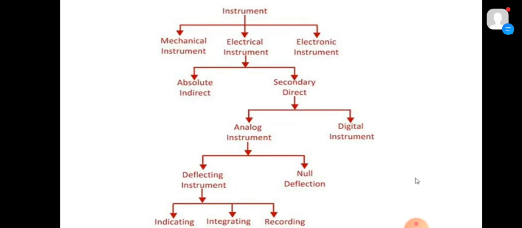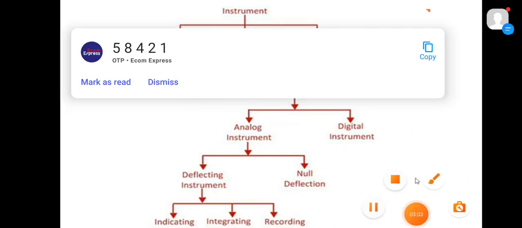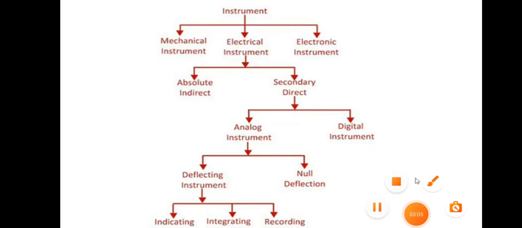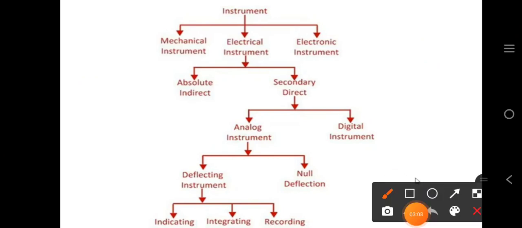After that, electrical instruments are classified into absolute and secondary direct instruments. In our syllabus, we have these two main types of instruments to study. In today's video, we will see what absolute instruments and secondary direct instruments are and how they are further classified.